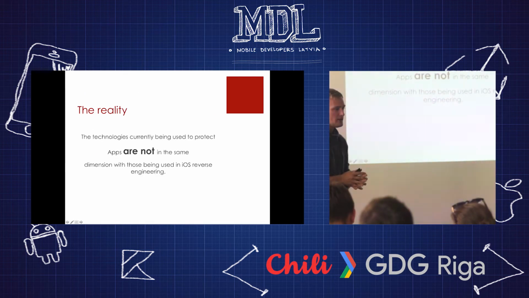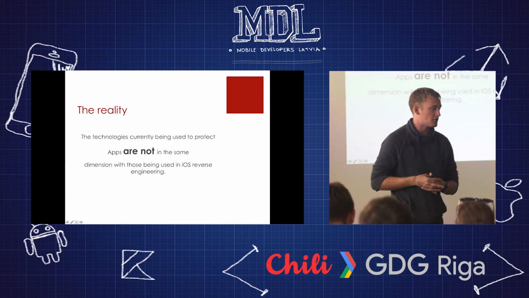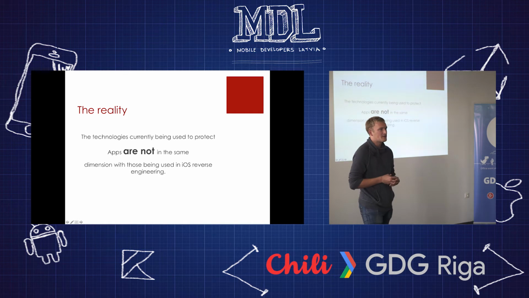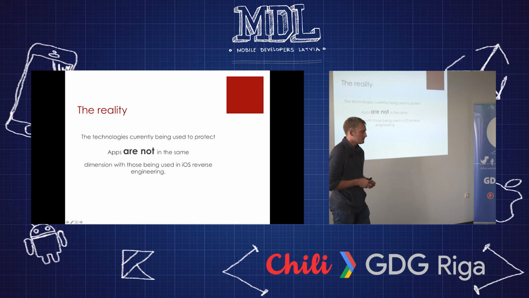So the reality is quite shocking. It's quite shocking for me as well, as I read some articles that there are quite more tools and techniques that you can use to break the application than those which help you to improve the application security.